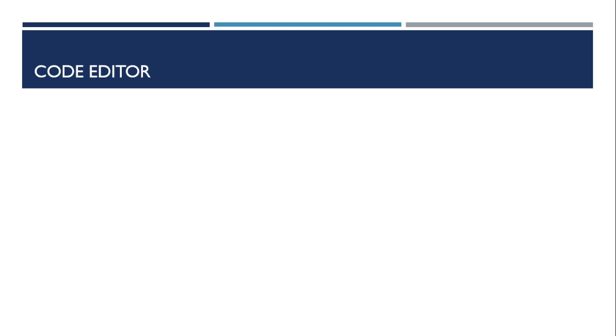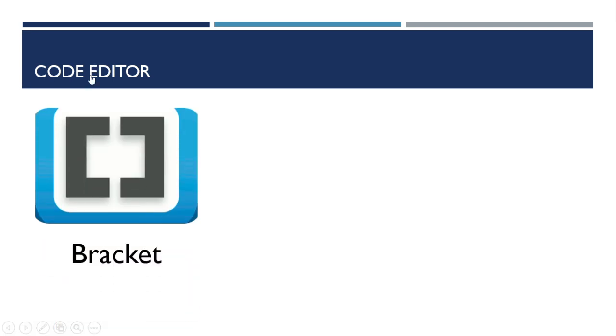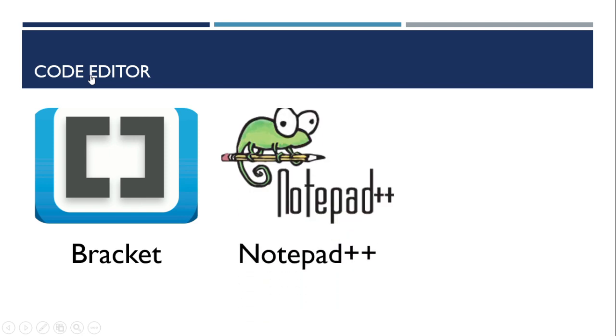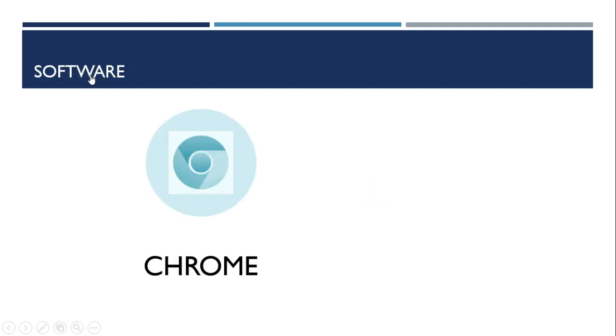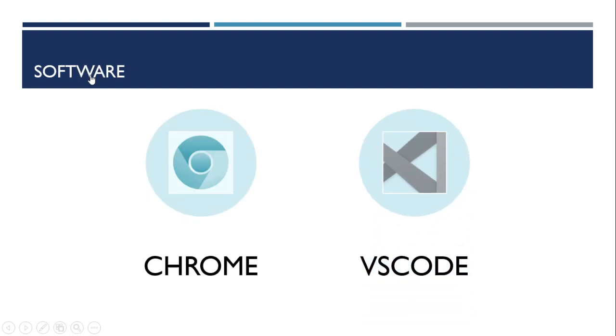We also have software for editing photos like Photoshop and CorelDRAW. So code editors are used for writing and editing code, and we have examples such as Brackets, Notepad++, and that's all. But for this tutorial, the code editor I'm going to be using will be VS Code.